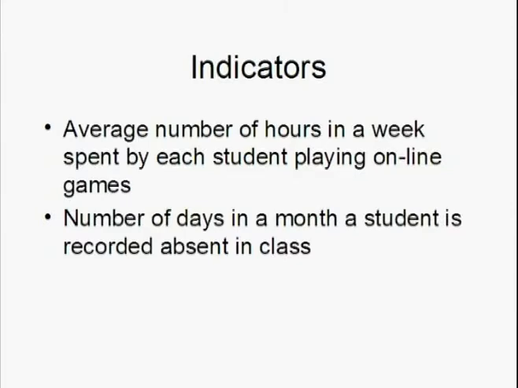In terms of the variable of absenteeism, the indicator that we can use here is the number of days in a month a student is recorded absent in class. Having the indicators, we can now go on to the next stage, which is implementing the research, collecting our data, and gathering results.